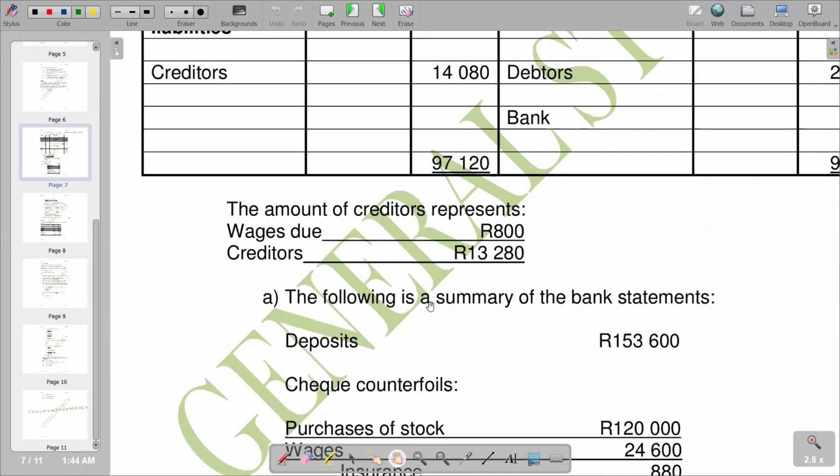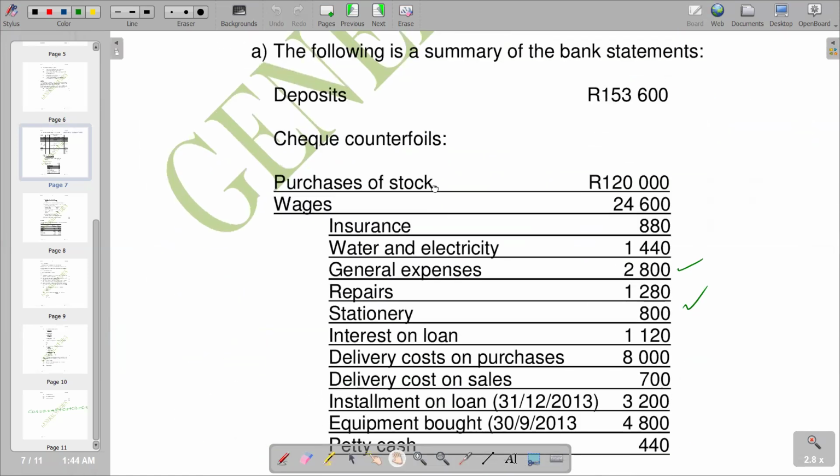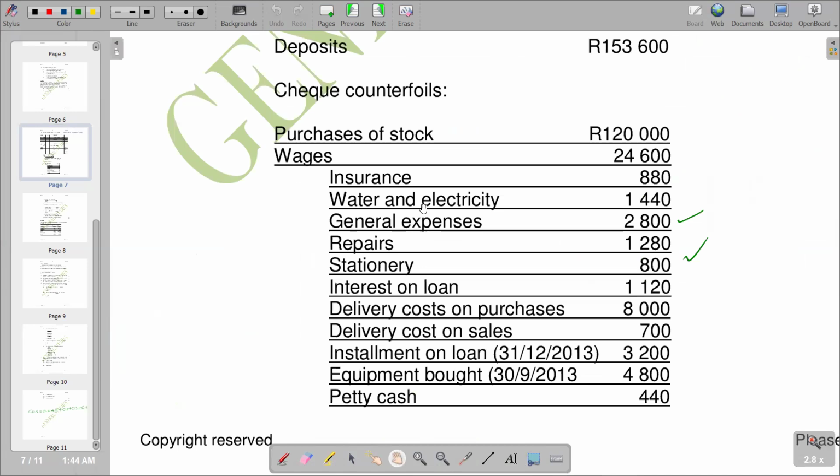So try to see. We also have an installment on the loan that was made on 31 December 2013 of 3,200. So we have to make some calculations so that we find interest on loan.